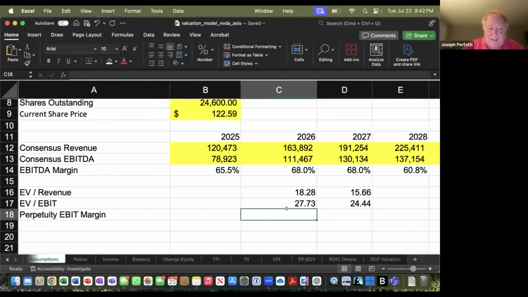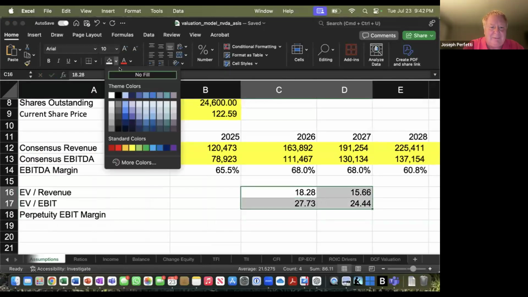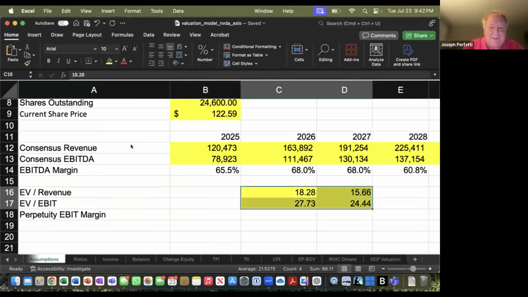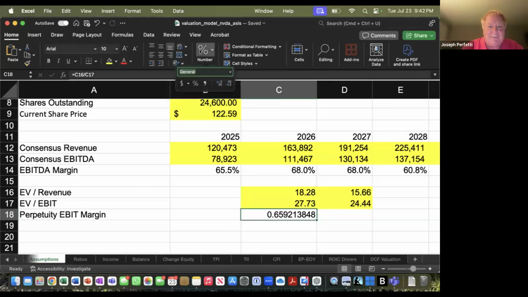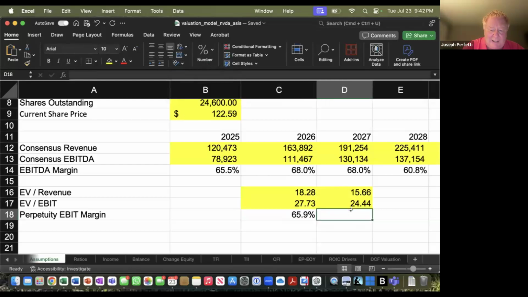Which suggests, these will be yellow, that the perpetuity EBIT margin that has to exist in the analyst spreadsheet on Wall Street is that divided by that, or somewhere between 66%, 65.9, and 64.1.